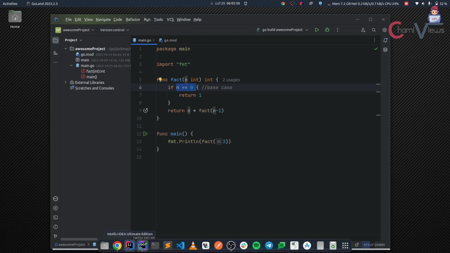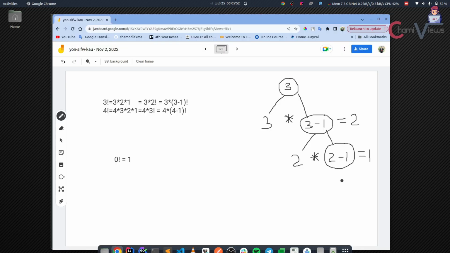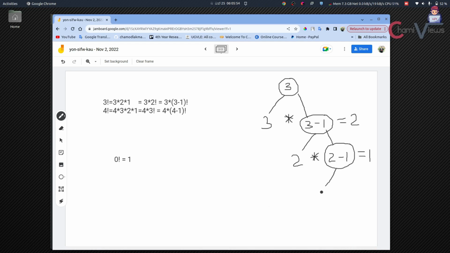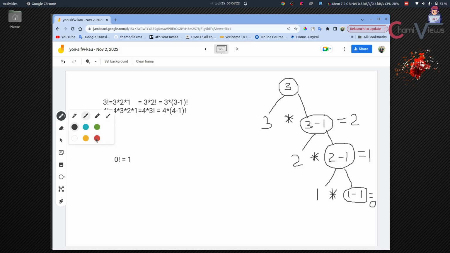I'm writing that down. 1 multiplied by factorial of (1 minus 1), which is 0.